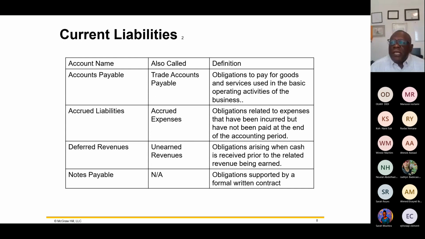When the company purchases raw materials or any product on credit and is to be paid within 12 months, it is account payable. Account payable. What of deferred revenues? How is deferred revenue created?